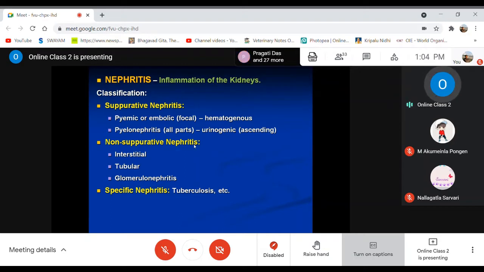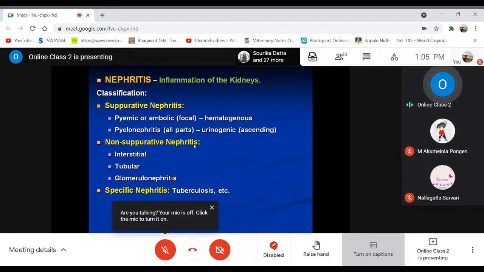When the inflammatory reaction is confined to those parts, it is interstitial nephritis. When the tubules are particularly affected and show the inflammatory reaction, it is known as tubular nephritis. When the glomeruli are inflamed, because of the infection or inflammatory reaction in the glomeruli, it is known as glomerulonephritis.